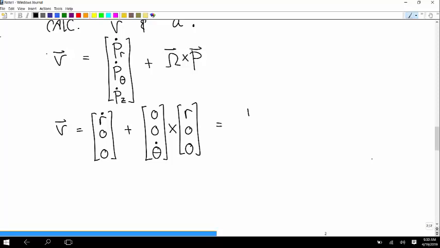And so we get r dot, and then in the theta direction, r theta dot, and then 0 in the z direction. Or you can also write it as r dot in the er direction plus r theta dot in the e theta direction.